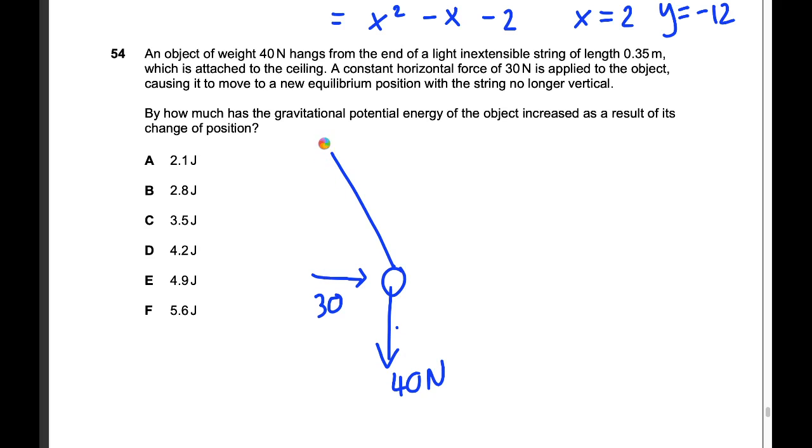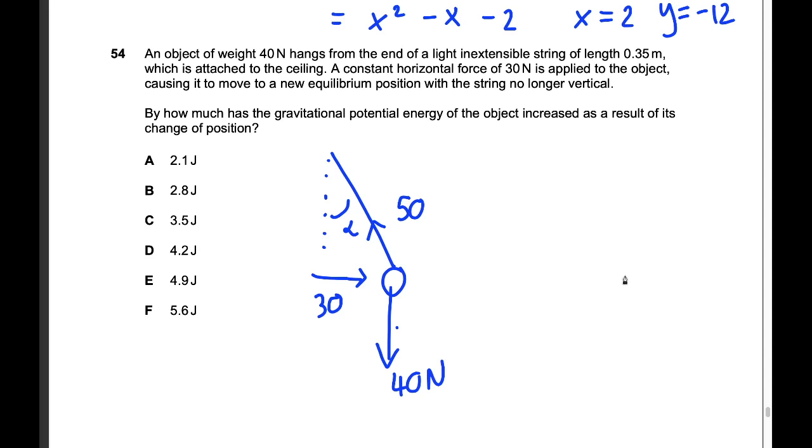If I can work out that angle, I can sort it out. So if I can work out the angle to the vertical, I'm going to call that alpha, I can actually work out this force here. That is going to be 50 newtons because it's again a 3, 4, 5 triangle.